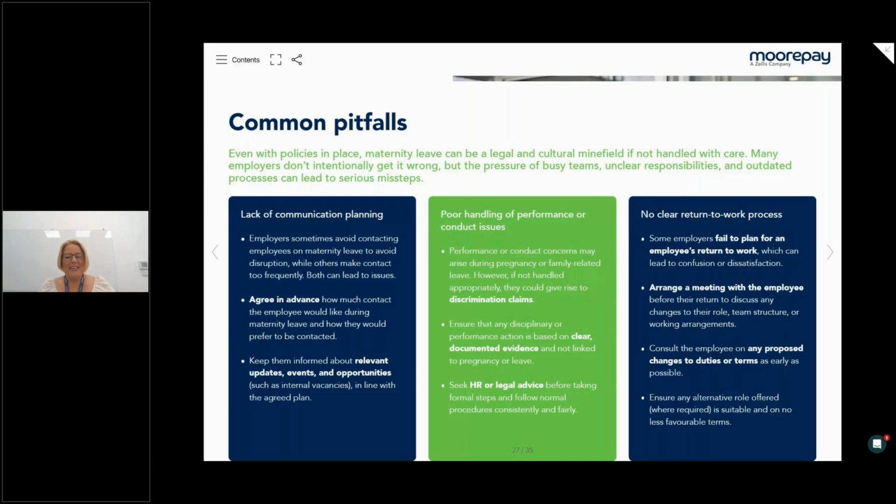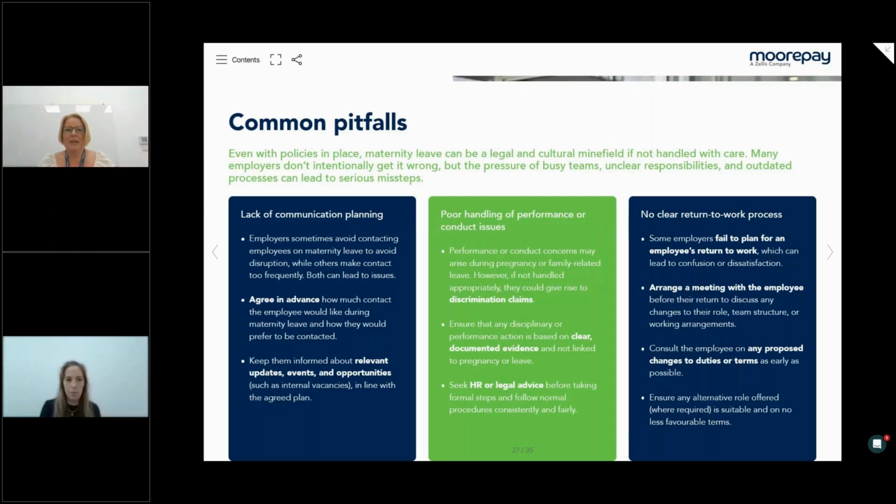Another common pitfall is no clear return to work processes. So we failed to plan for somebody coming back to work, and the employee just turns up, and you've had somebody sitting in the desk while they've been away, and there's no plan to get them back to work. That can cause upset, and it's unnecessary. Diary in, make sure you make the relevant arrangements, welcome your employee back to work.